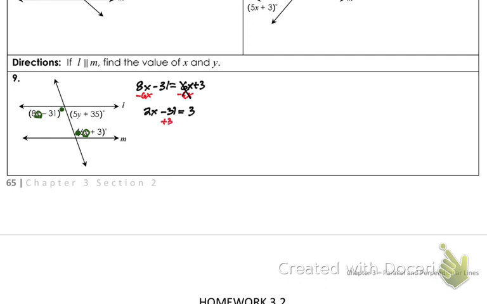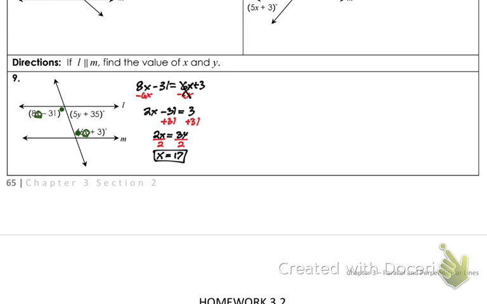Then I'm going to add 31 to both sides, giving myself 2x equals 34. Divide both sides by 2, and I'll have x equals 17.